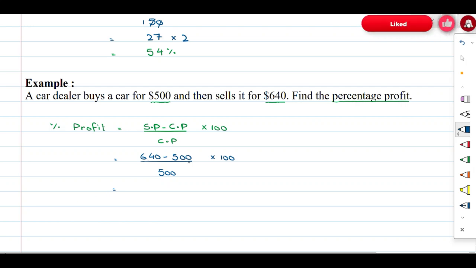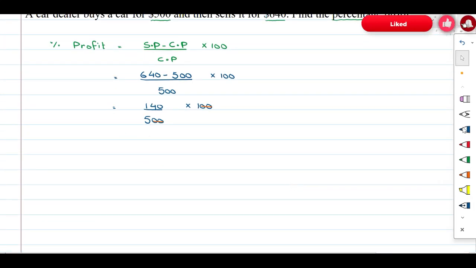Okay, from 640, if you take away 500, 140 is left. Divided by 500 and multiplied by 100. Cancel the two zeros with the two zeros. 140 over 5 is left, right? So 140 divided by 5.